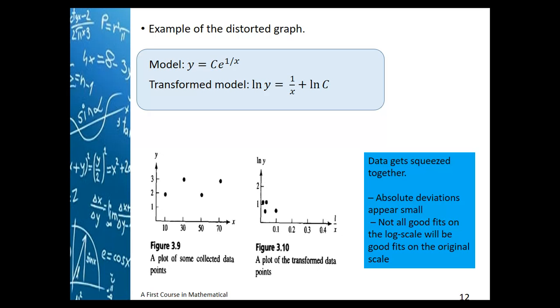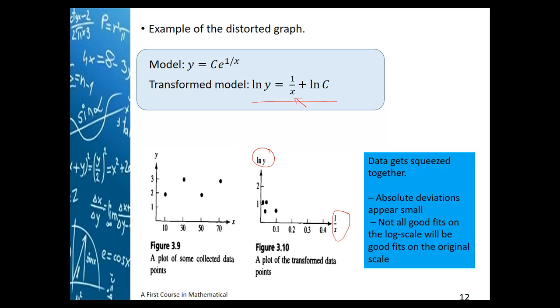Then that's fine. In this case, the transform model now becomes this. Your y-axis is ln y, and your x-axis is a little bit different from the earlier example. You have 1 over x.